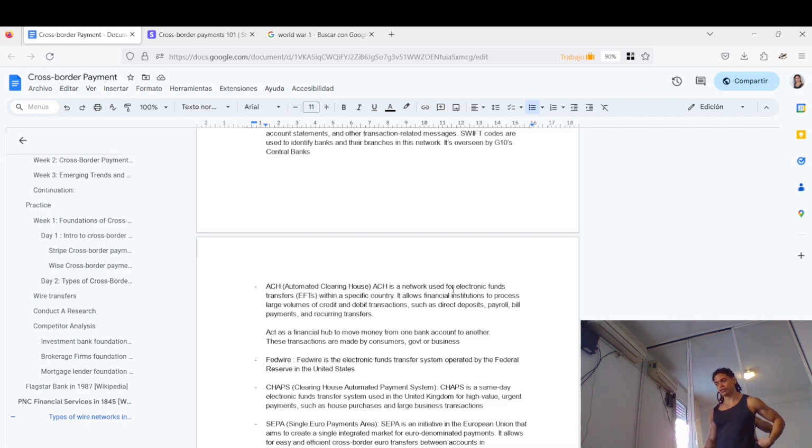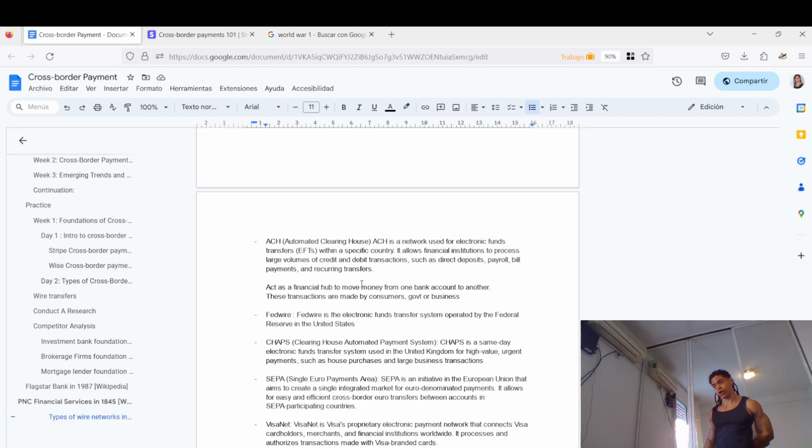It allows financial institutions to process large volumes of credit and debit transactions such as direct deposit, payroll, bill payments, and recurring transfers. ACH is widely used in the US. It acts as a financial hub to move money from one bank account to another. These transactions are made by consumers, government, or business.